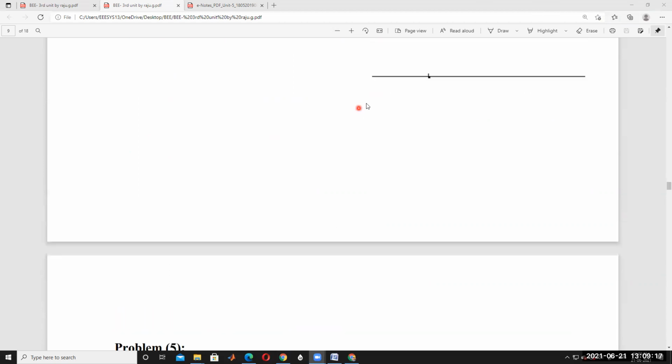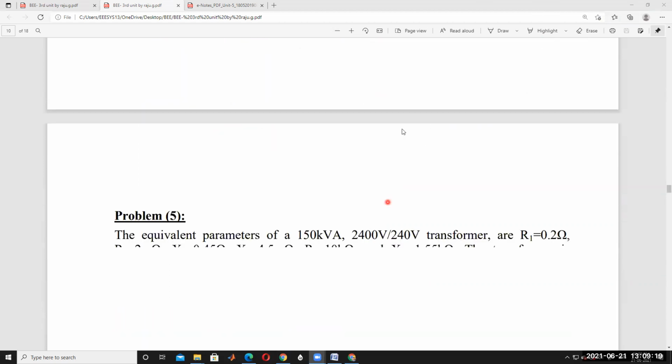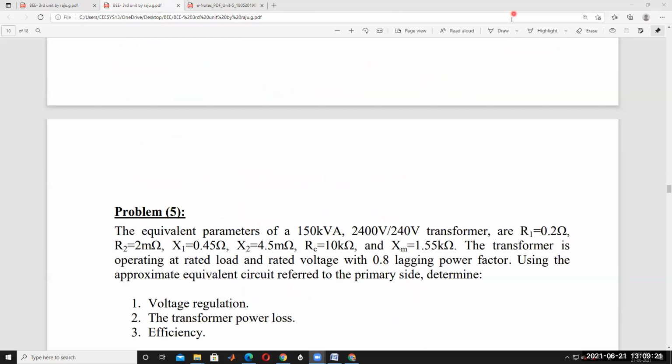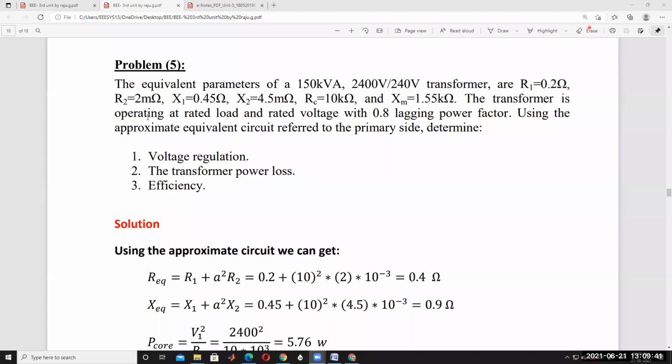Now this is the problem: the equivalent parameters of a 150 kVA, 2400 by 240 volts transformer. This is the primary side voltage and this is the secondary side voltage.